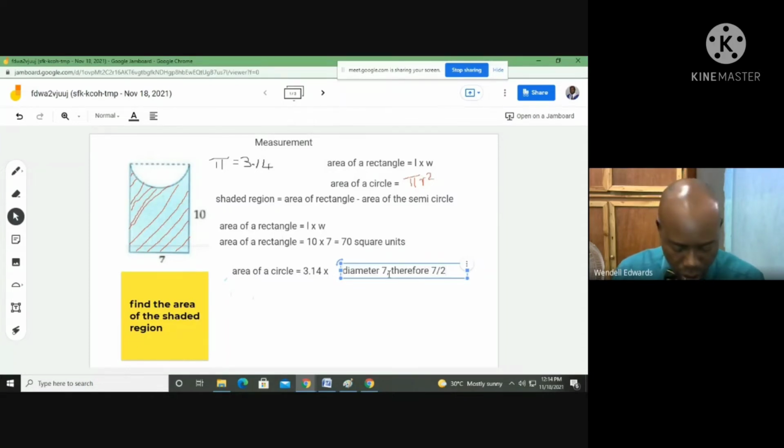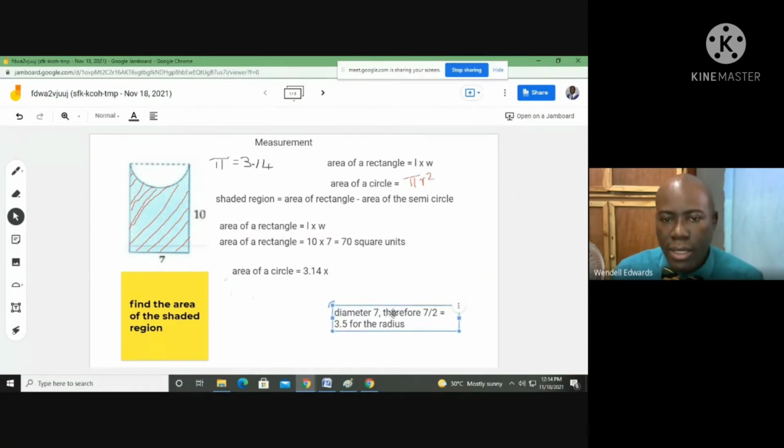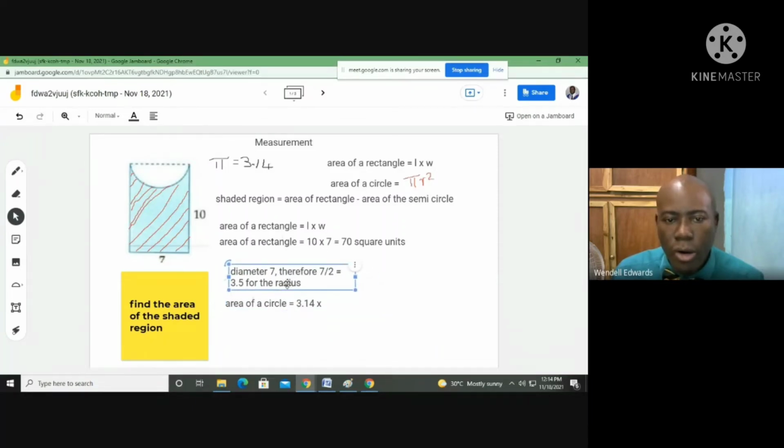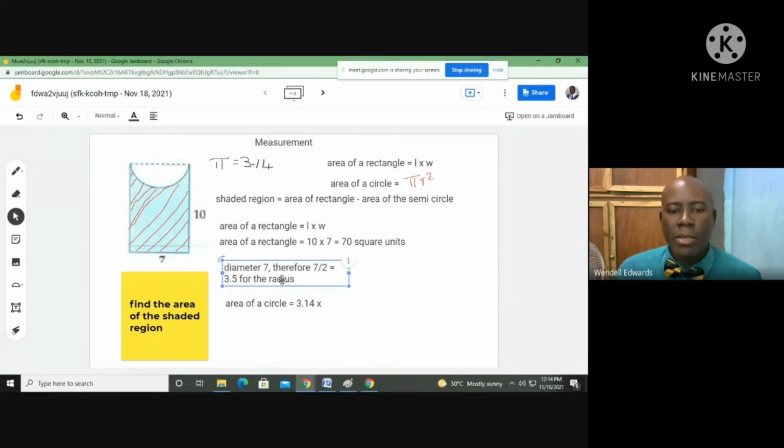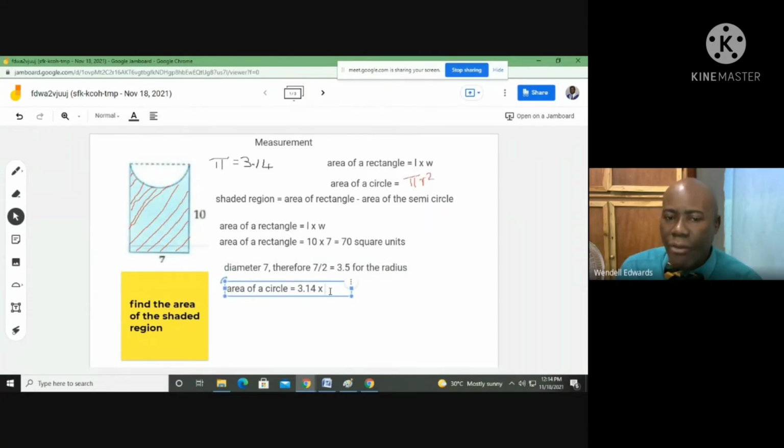Because we're saying the diameter is 7, therefore 7 divided by 2 will equal 3.5 for the radius. So now we can use that radius, which is 3.5, in the formula to solve the problem.